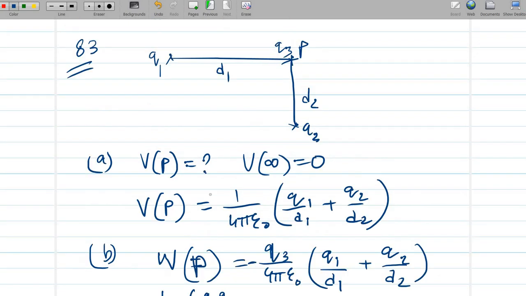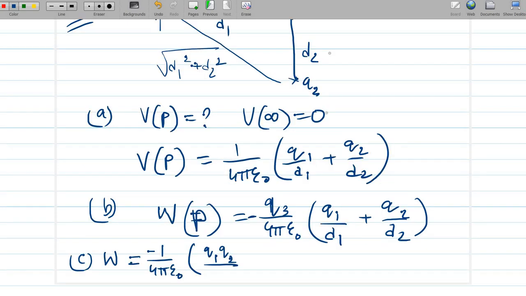What is the distance between Q1 and Q2? It's the square root of D1 squared plus D2 squared, right? What about Q1 and Q3? That's just D1. Q2 and Q3, the distance between them is just D2. That's it. That's the answer.